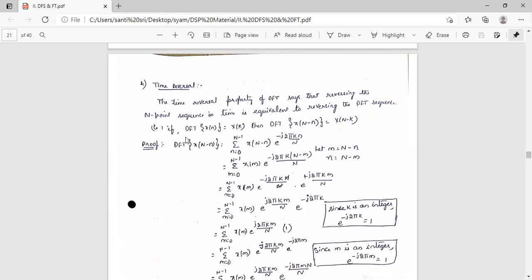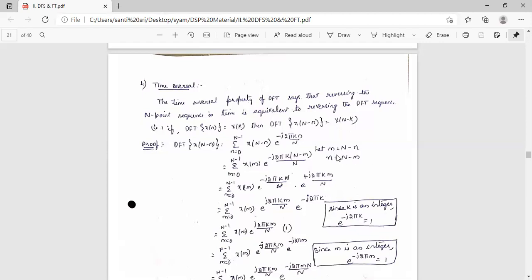So DFT of x of N minus n is equal to sigma n equal to 0 to N minus 1 x of N minus n into e power minus j 2 pi kn by N. Here let us consider, let m be N minus n. So n is equal to N minus m.